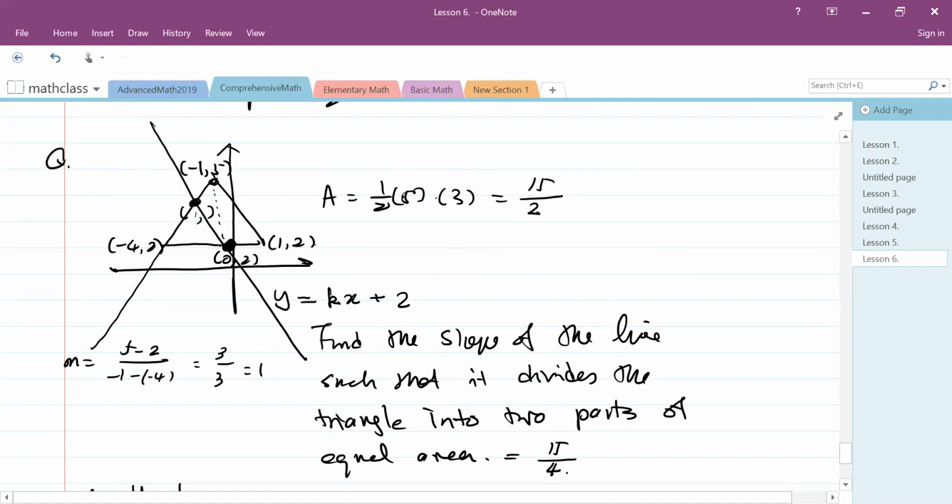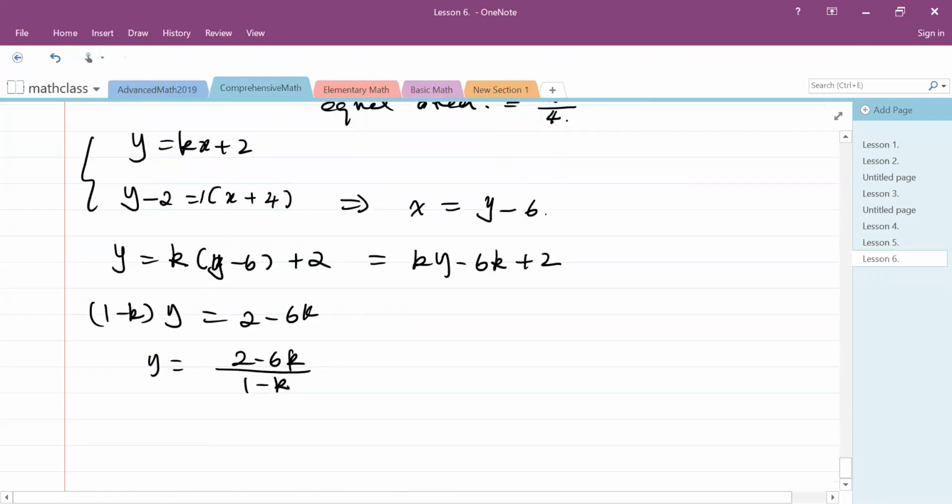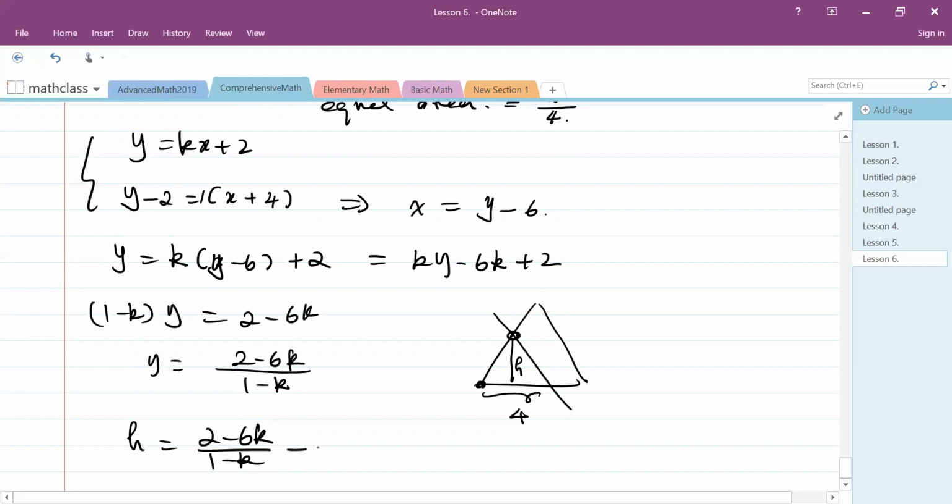The base is 4. So the area of that triangle, if you look at this picture, right? So we are doing here, right? So this here is 4, right? And the height h is going to be the y variable minus 2. So the height is going to be 2 minus 6k minus 2.